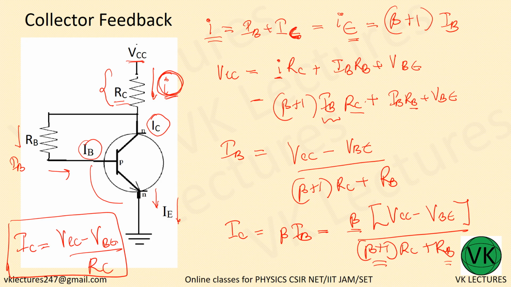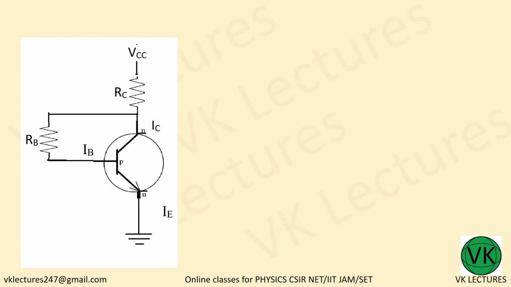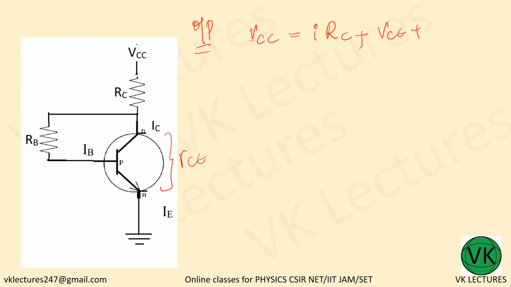Similarly, now to the output, we have VCC equal to I into RC plus VCE plus IE RE, there is no RE here. Okay, now what is this I? I is nothing but beta plus 1 into IB.